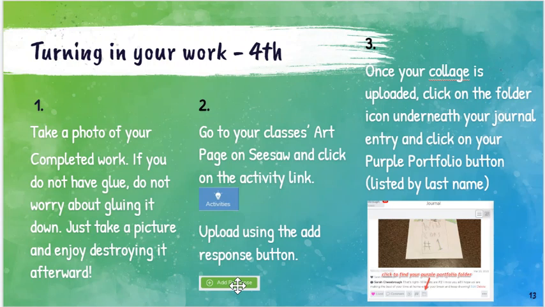Please remember to do the step. This gathers all of the assignments that you guys turn in one place for me, and it makes it a lot easier to grade. And also remember, once your collage is uploaded, look at that folder icon underneath your journal entry and make sure that you click on it and look for the purple portfolio button that's listed by your last name. So fourth graders, that's for you.